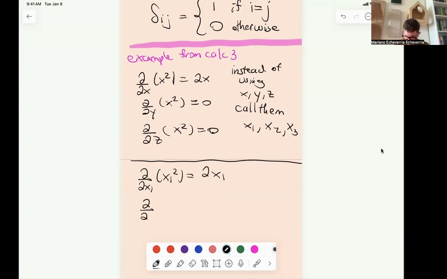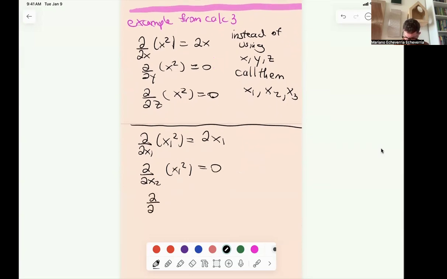The derivative with respect to x2 of x1 squared would be 0. And the derivative with respect to x3 of x1 squared would be 0 as well, right? It is just a change of labeling, it means the same as before. But that requires you to write it down with three separate equations.